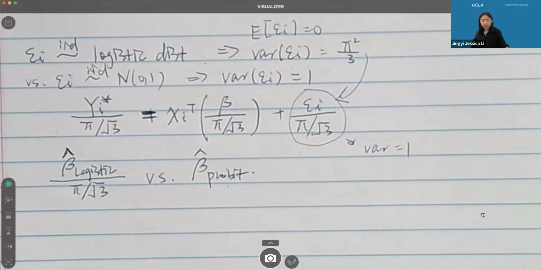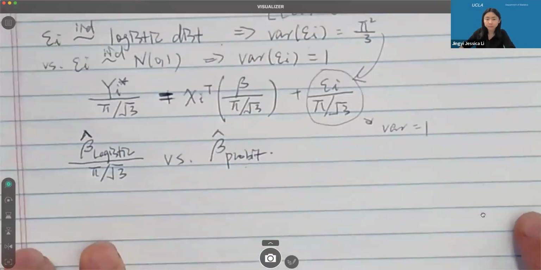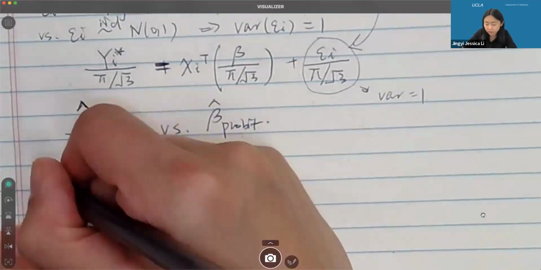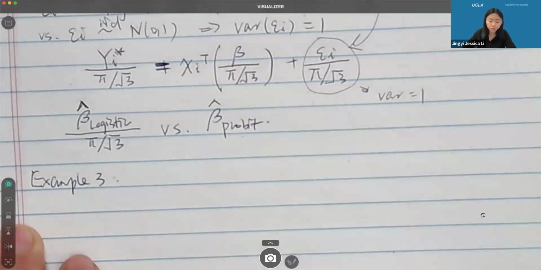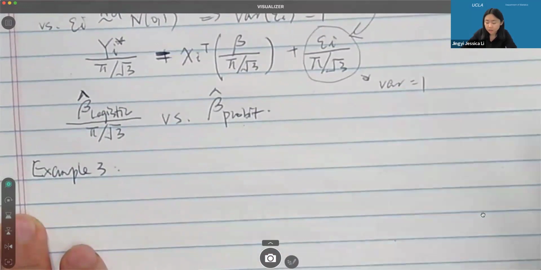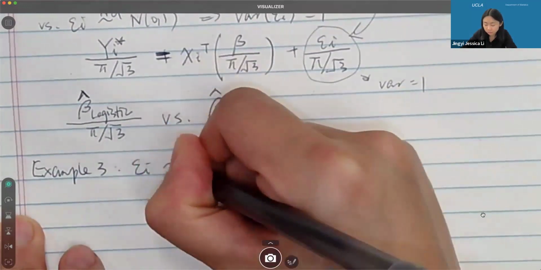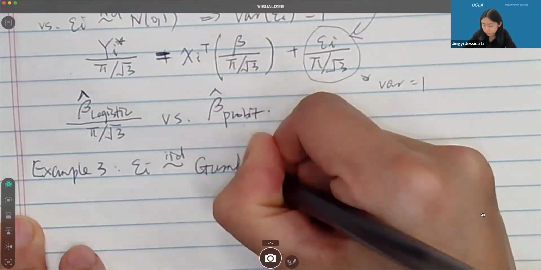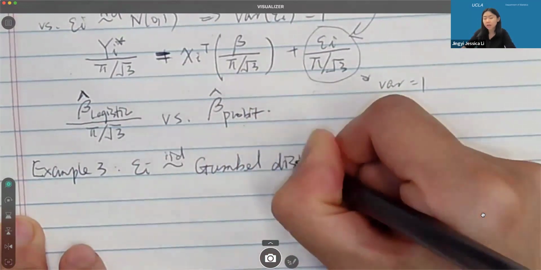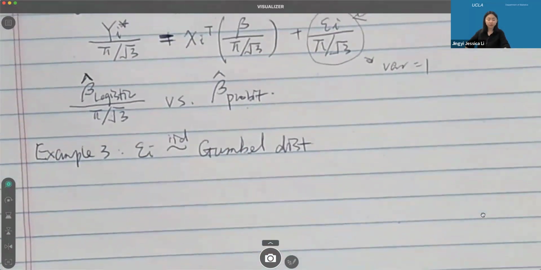In R, as I'll say later, there are multiple options. The default is logistic regression for the link function, but you can also specify probit. And there's a third one, which is also in the literature and in the R function, that specifies another distribution for epsilon i. Here the epsilon i's are assumed to be IID Gumbel distribution, which is another distribution you might not have heard of.